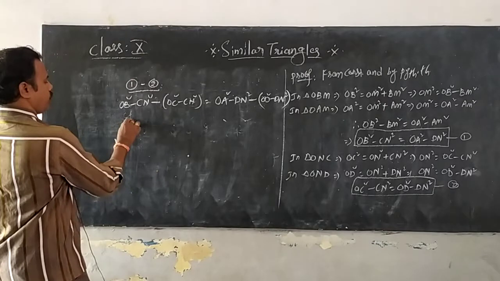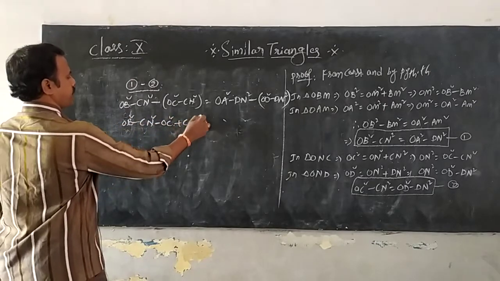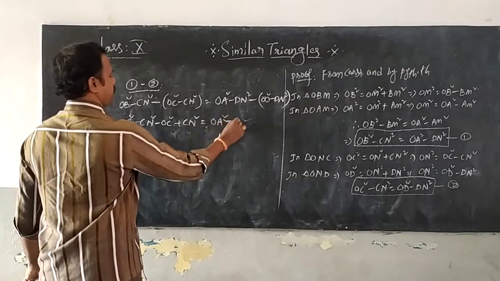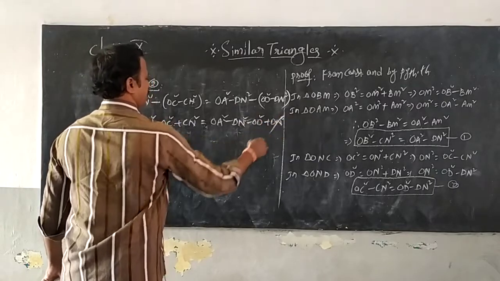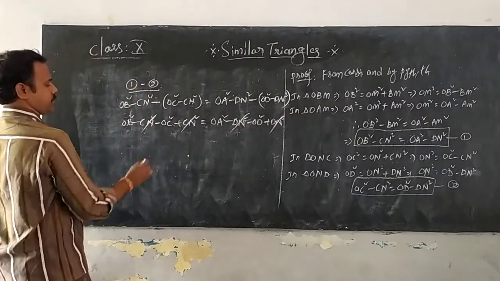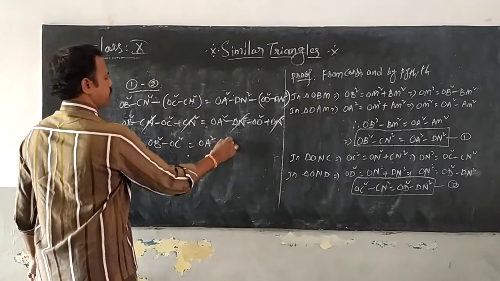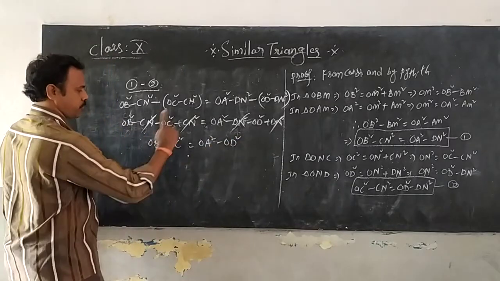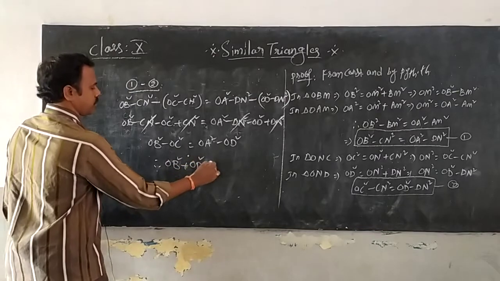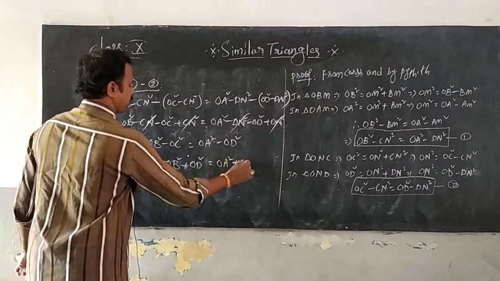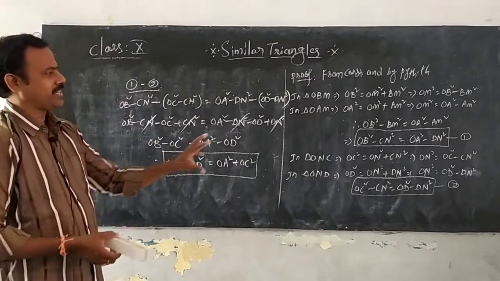Open the brackets. OB square minus CN square minus OC square plus CN square is equal to OA square minus DN square minus OD square plus DN square. DN square and CN square cancel. OB square minus OC square is equal to OA square minus OD square. Transposing OD square and OC square, you get your answer: OB square plus OD square is equal to OA square plus OC square.